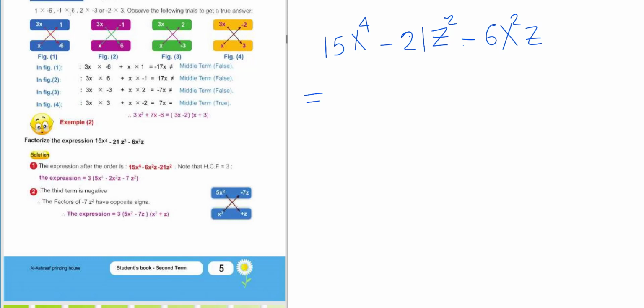After that, if we find a highest common factor in the expression, we take it out. After that, factorize.